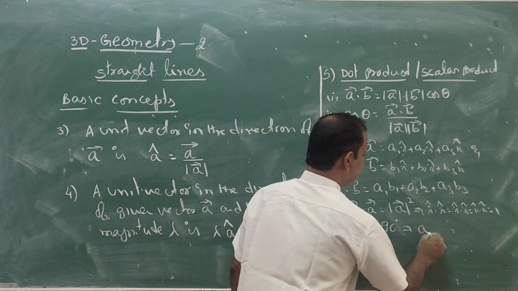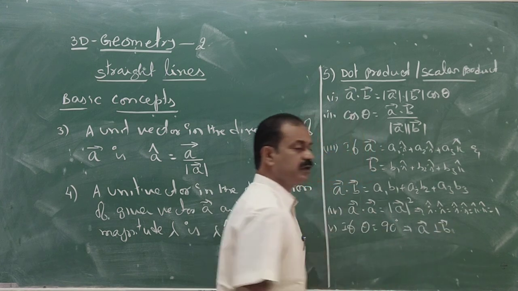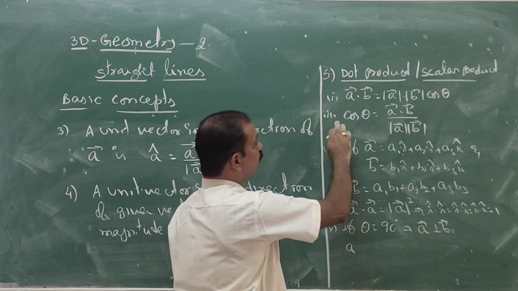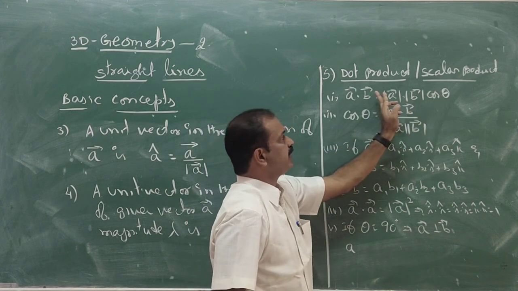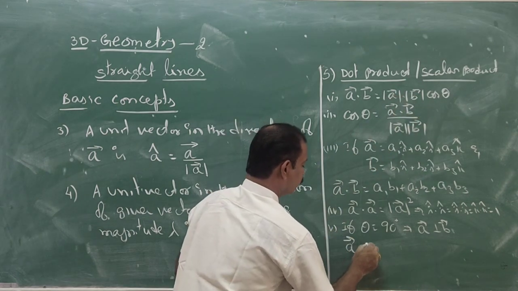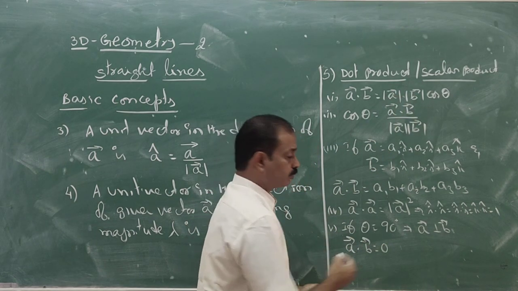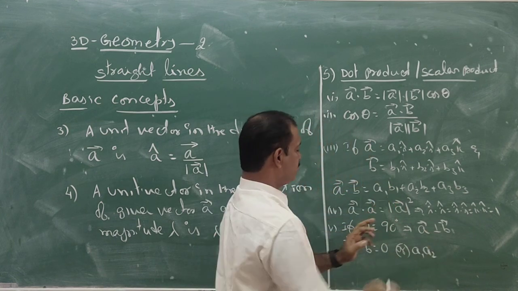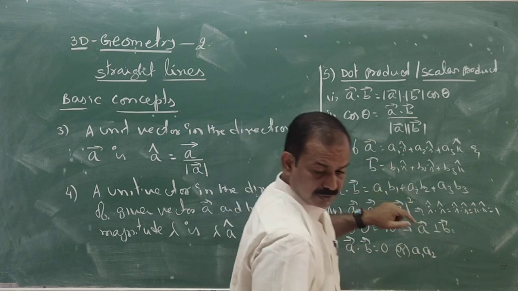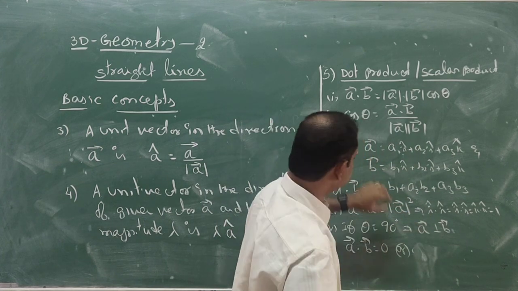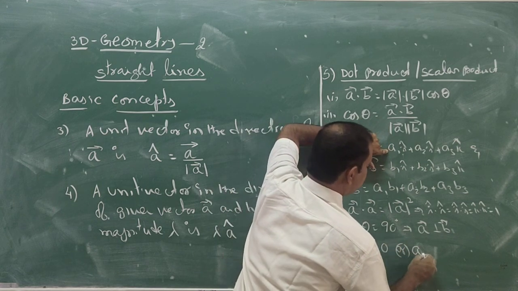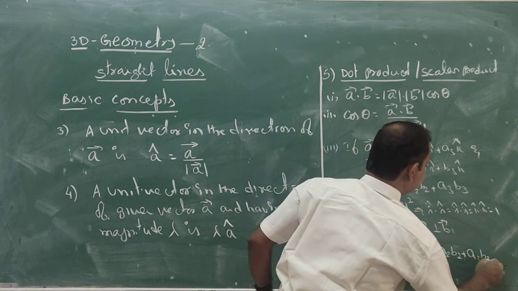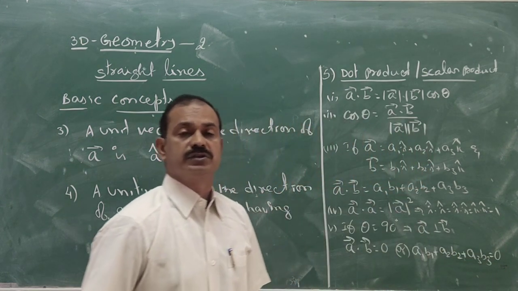That means if A is perpendicular to B, then A dot B will be equals to 0, or A1B1 plus A2B2 plus A3B3 is equals to 0.